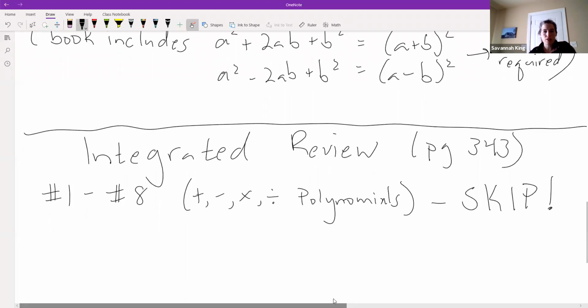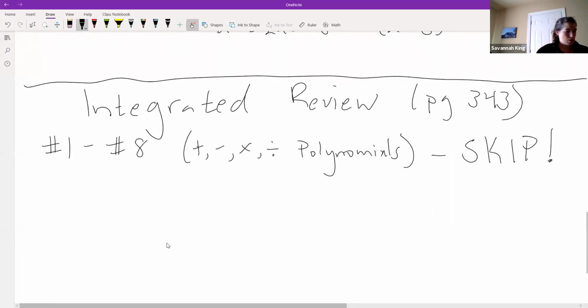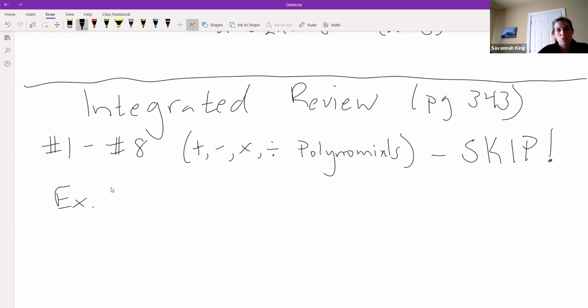Then the review gets a little bit confusing. It has examples like an ordinary textbook section, followed by a practice problem. And then it's got example 2 followed by practice problem 2.